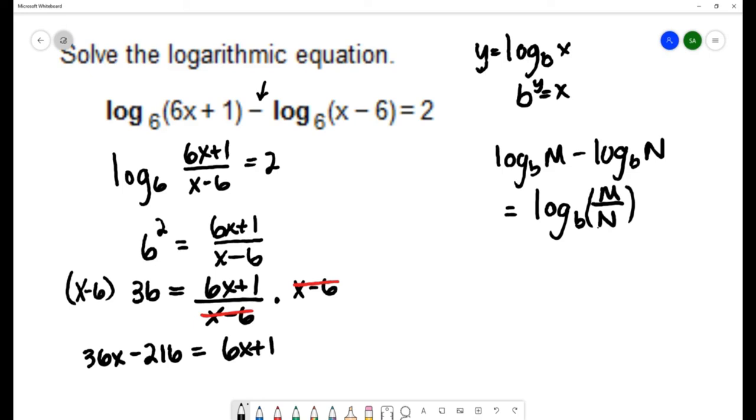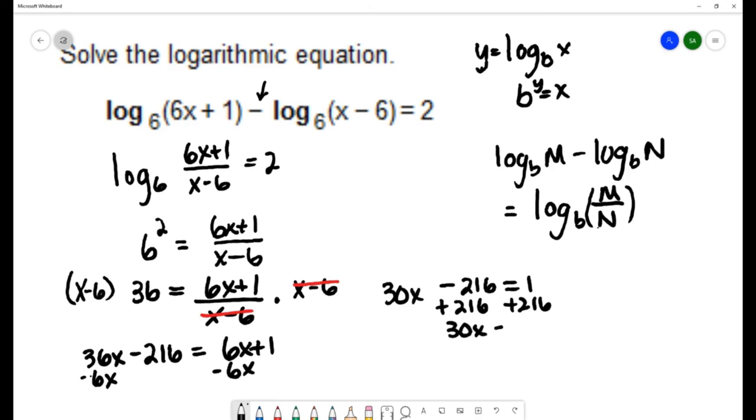I'll combine like terms, so I'm going to subtract 6x on both sides. That would give 30x minus 216 equals 1. I would add 216 to both sides. That gives 30x equals 217.